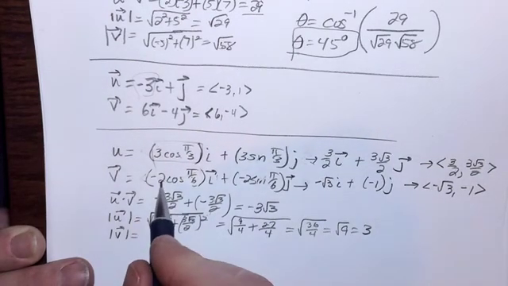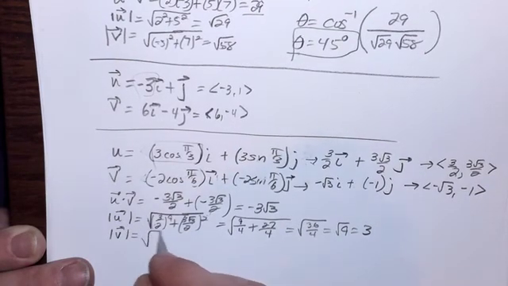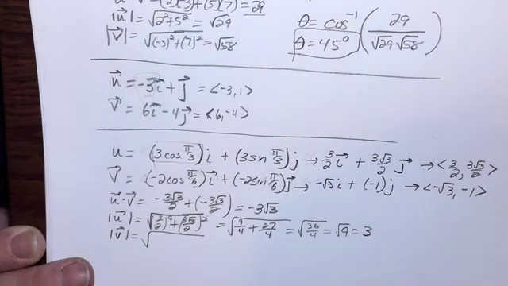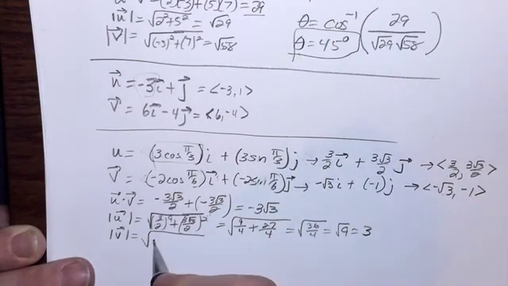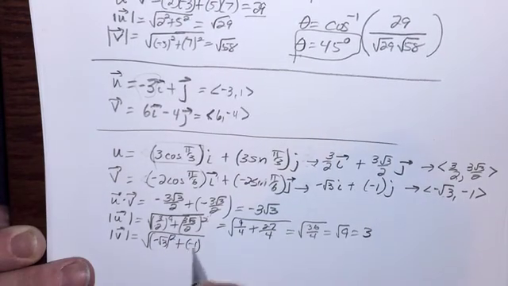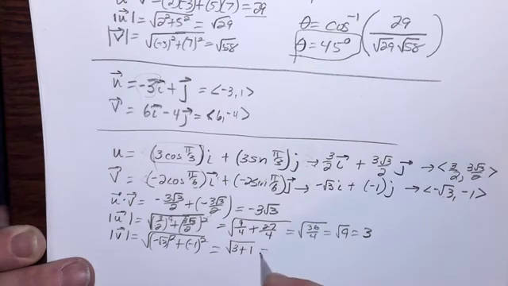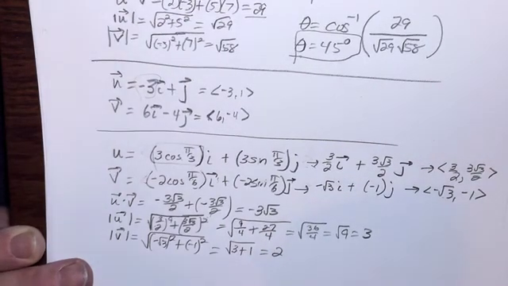Okay, I bet the magnitude of v comes out to be 2. And if you see that, then that might provide, if it works out, a shortcut for doing all this. So it's going to be the square root of negative square root of 3 squared plus negative 1 squared. Square root of 3 squared is 3. 1 squared is 1. It equals 2.